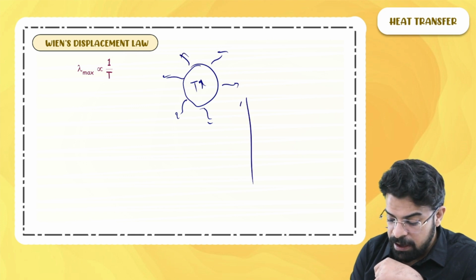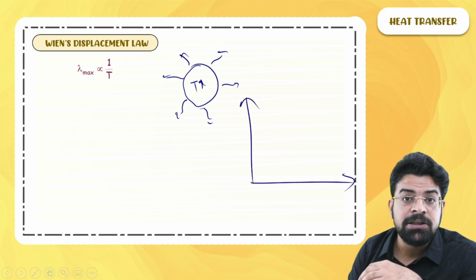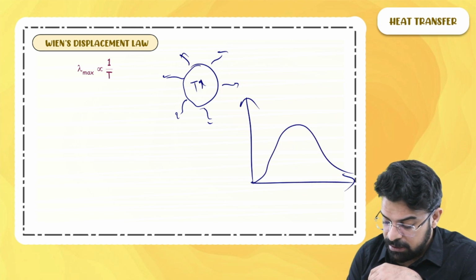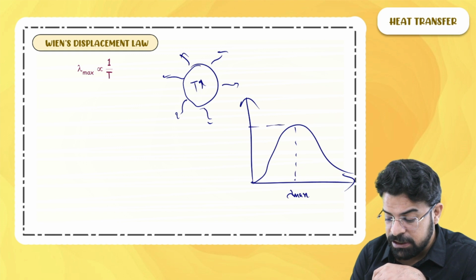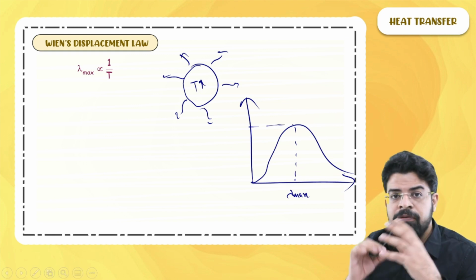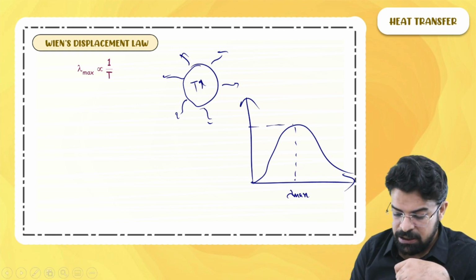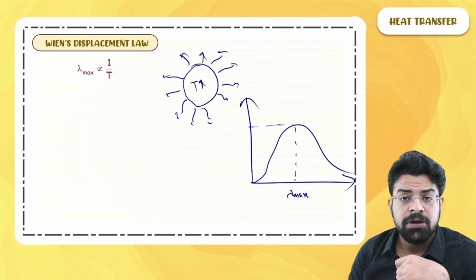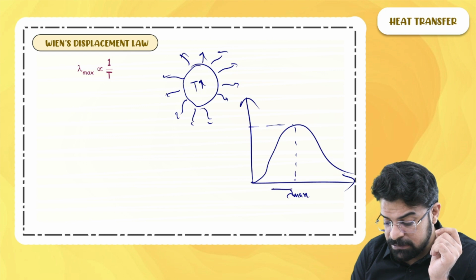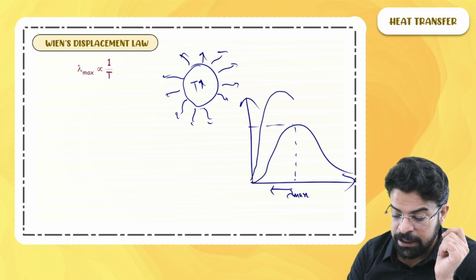When you heat up the object, the photons coming out become more energetic. So lambda max decreases, and this is the basic idea of Wien's displacement law.